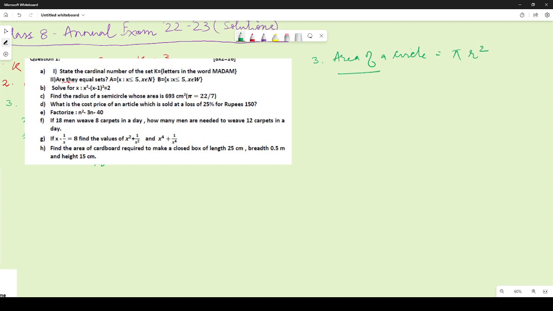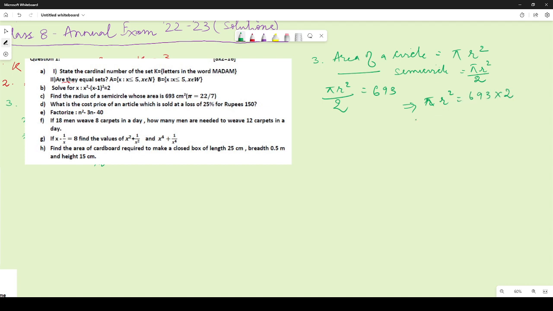लेकिन एरिया ऑफ अ सेमी सर्कल मतलब आधा सर्कल है, उसका एरिया होगा पाई आर स्क्वायर बाय 2. सो दिस मीन्स पाई आर स्क्वायर बाय 2 is equal to 693. So this implies pi r square is equal to 693 into 2.